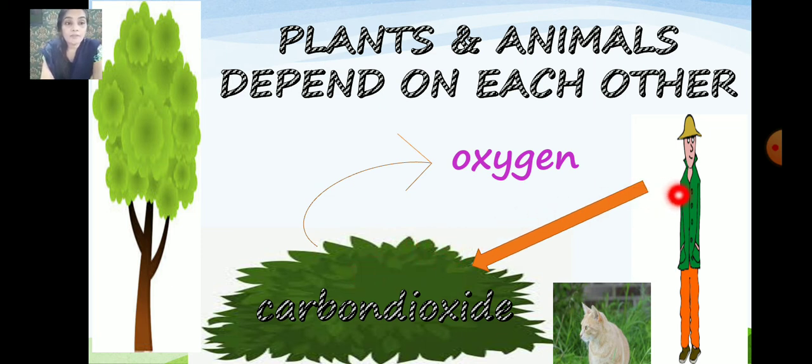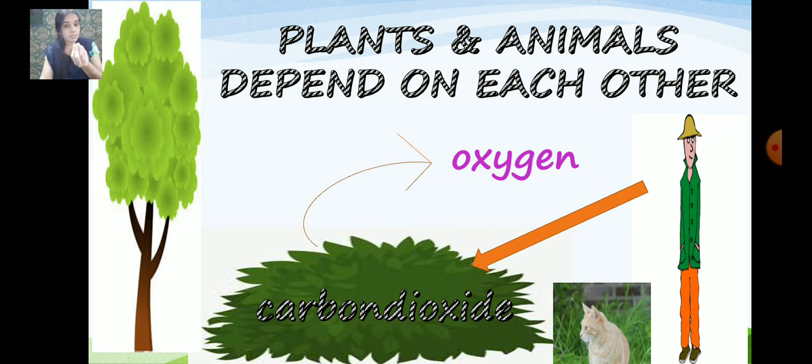When we breathe out, the carbon dioxide gets mixed with the air, and during photosynthesis the plants absorb the carbon dioxide from the air and give out oxygen. That is why they say grow a lot of plants, so that we get fresh air.